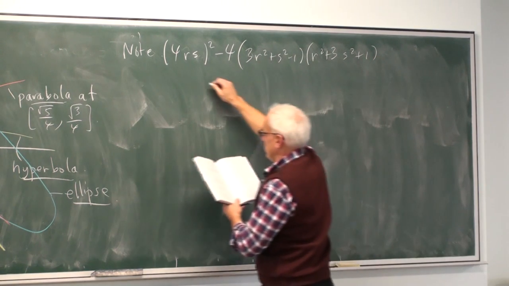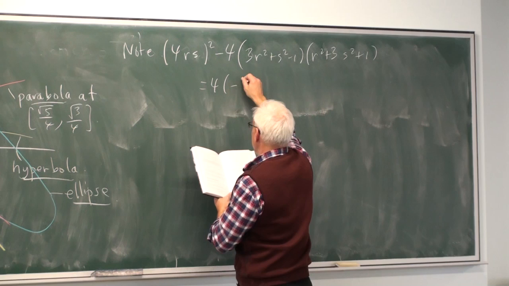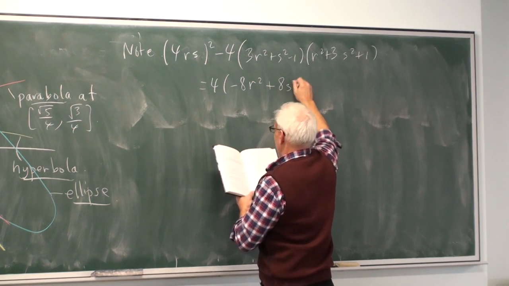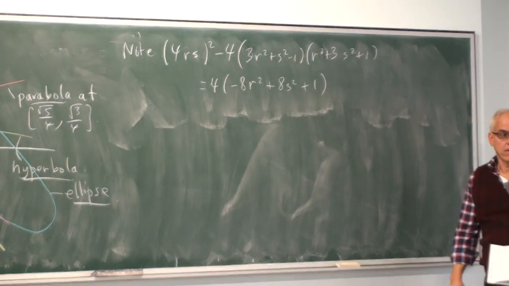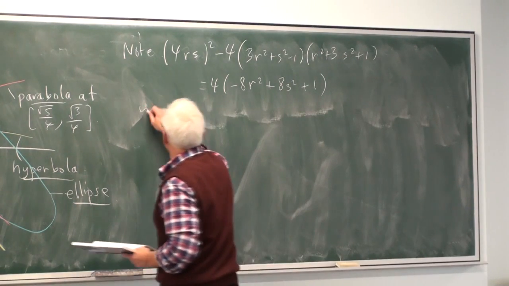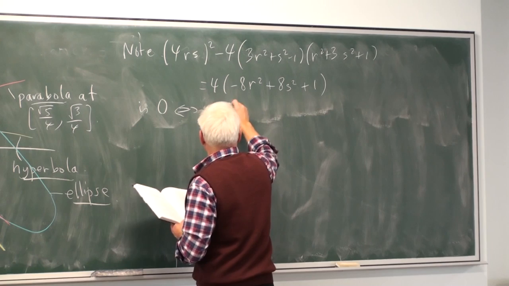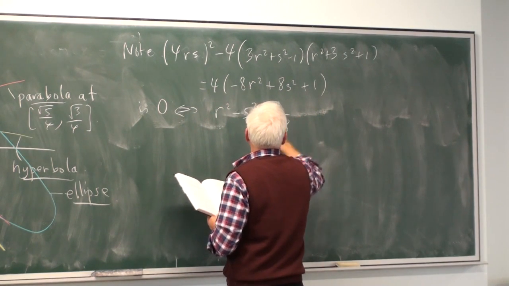This thing here turns out to be 4 times minus 8r squared plus 8s squared plus 1. So this is 0 precisely when r squared minus s squared equals 1/8.